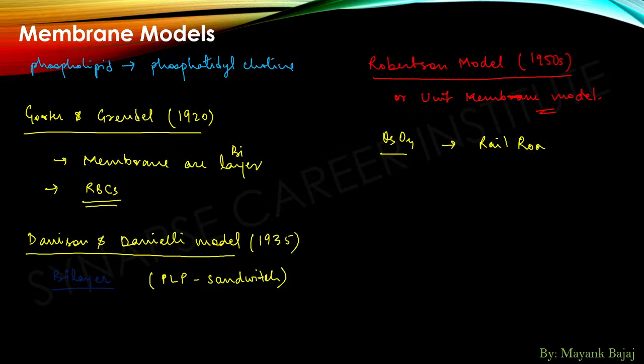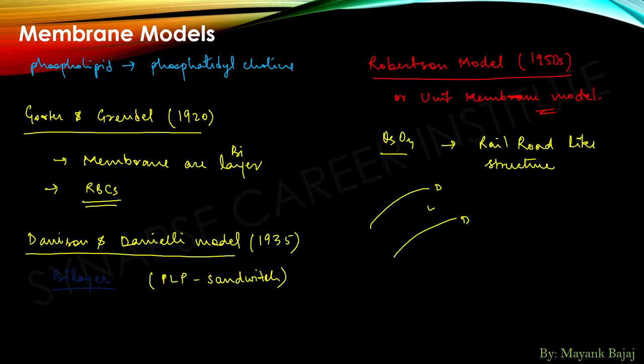Railroad means he observed a dark stained region and a light stained region in alternate forms, right? Just like the protein-lipid-protein sandwich seen in Davson and Danielli, in the same way he observed the dark staining, the light staining, then again the dark staining.